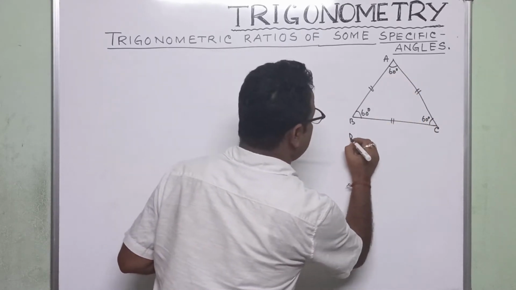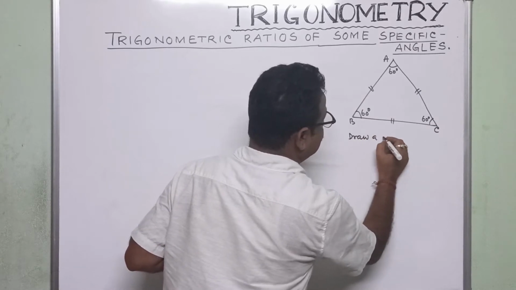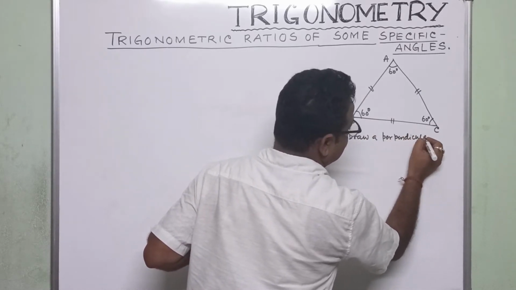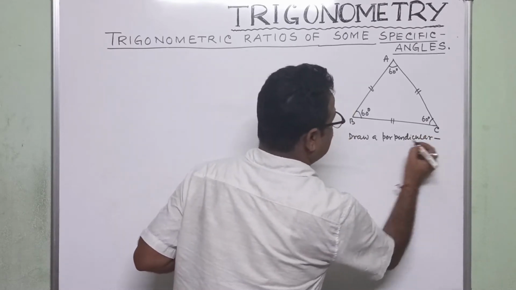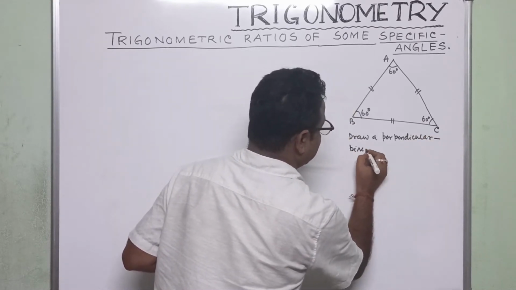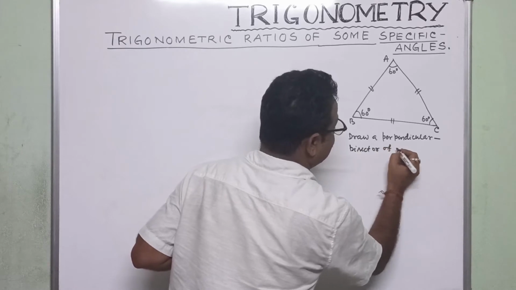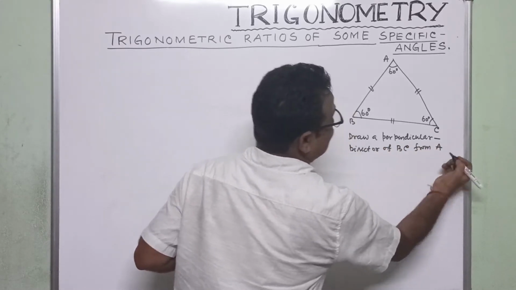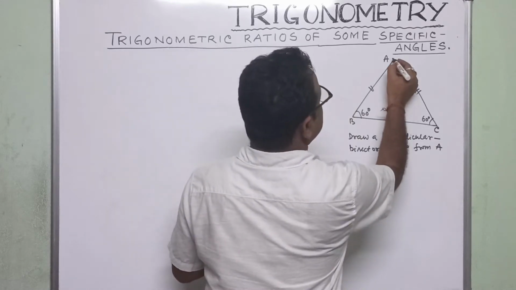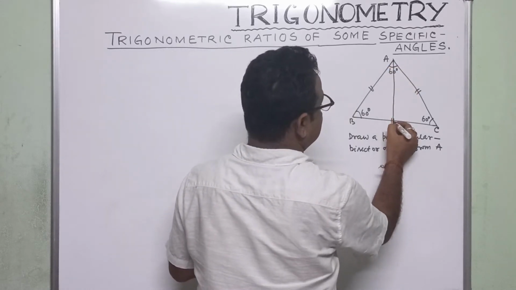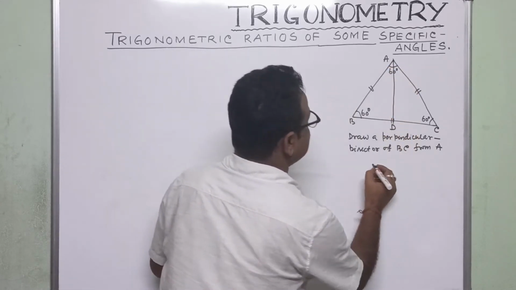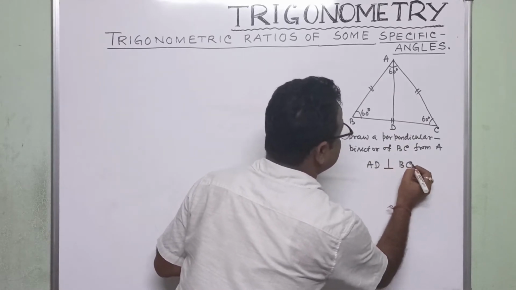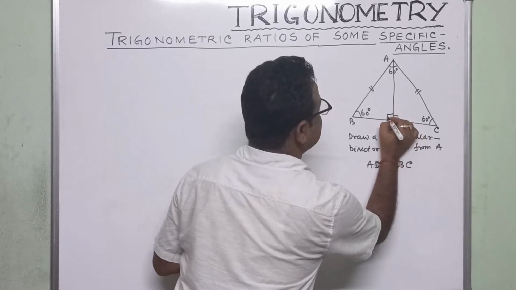Now draw a perpendicular bisector of BC from vertex A. So now this is your D. AD is perpendicular to BC, so this is 90, 90.